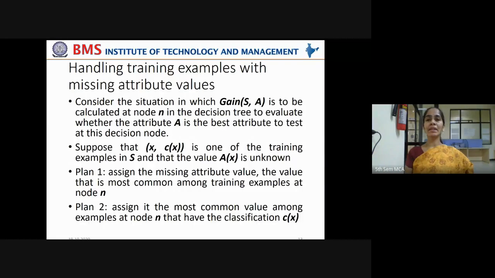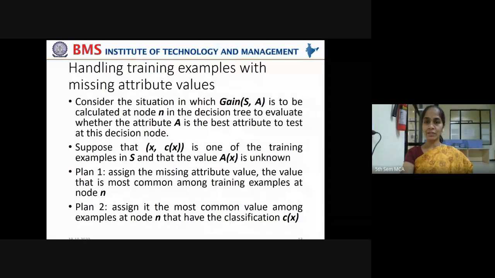Rather than giving the median, the average, or the most frequent value, let us do it more formally in order to get good information gain. Consider the situation in which the gain of S of A is to be calculated at a node N, say humidity.